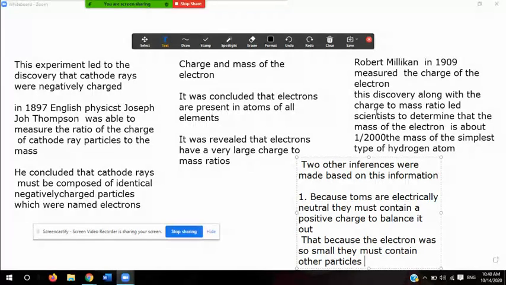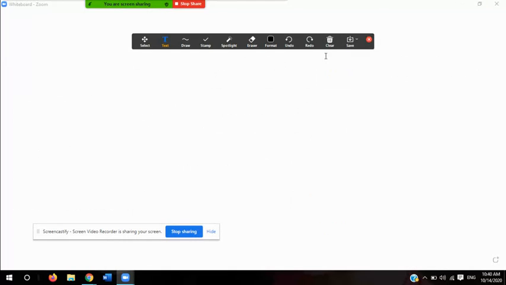And they were right. And now we're going to try to summarize how the positive charge of the electrons was discovered.